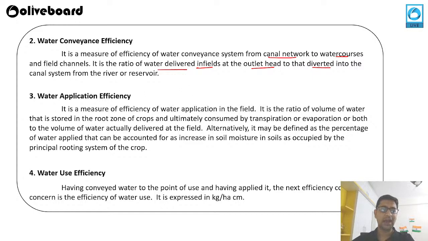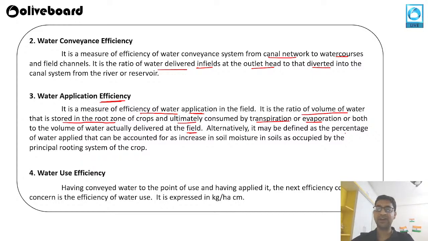Now, water application efficiency. It is a measure of the efficiency of water application, how efficiently we have used the water in the field. That means it is the ratio of the volume of water that is stored in the root zone of the crop and ultimately consumed by transpiration or evaporation or both, to the water actually delivered to the field.